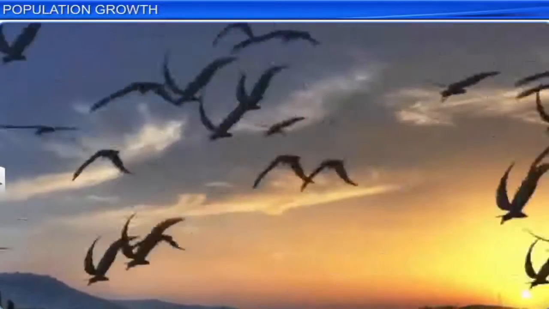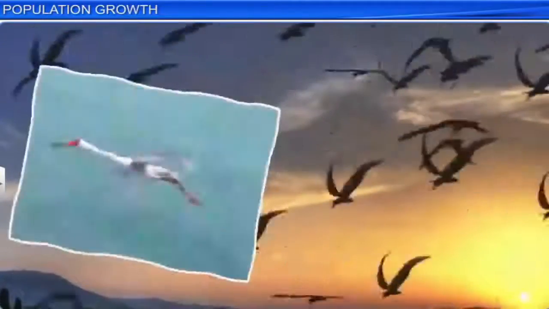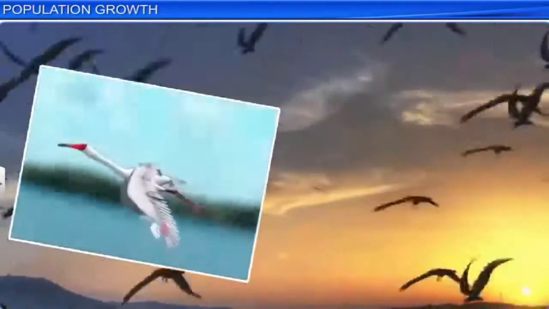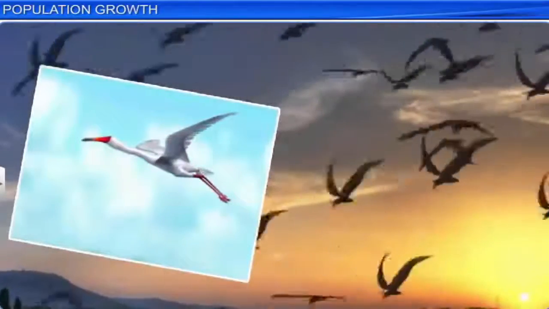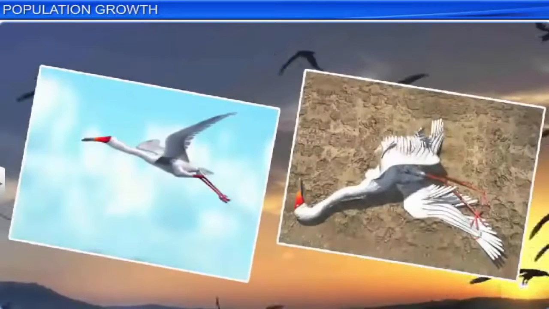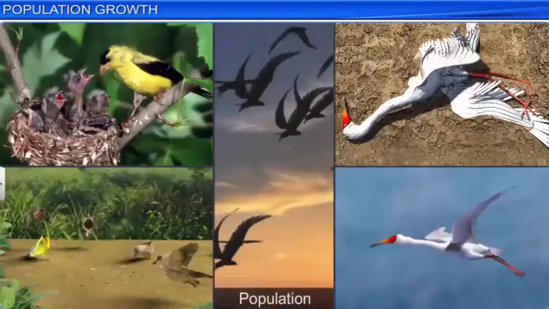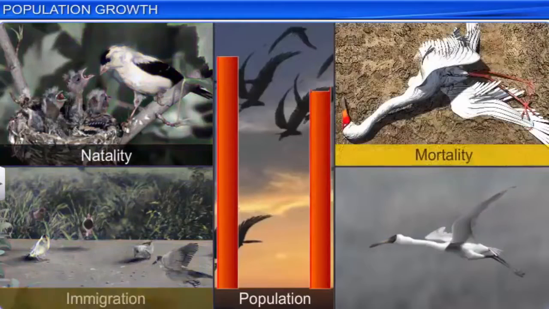Likewise, if most of these birds fly to another wetland, then the emigration of these birds has a significant contribution to determining population density rather than deaths in this population. Thus, populations grow through births and immigration and decline through deaths and emigration.